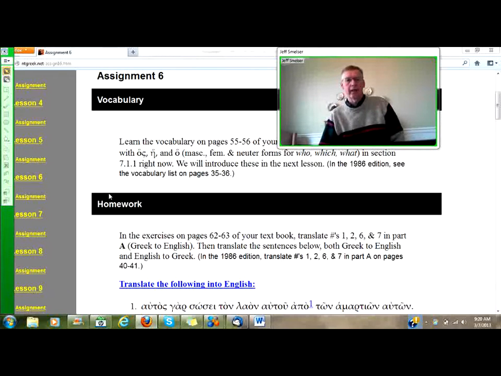Exousia is a word that can be translated power, liberty, or right. Exousia. Laos, a word for people. If you have an older edition of this textbook, if you have the first edition of this textbook, there are some real problems in the textbook. The author seemed to have trouble with this noun.